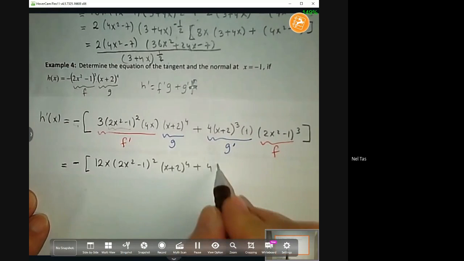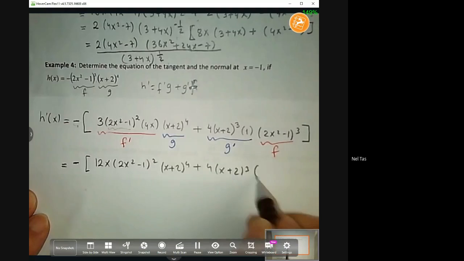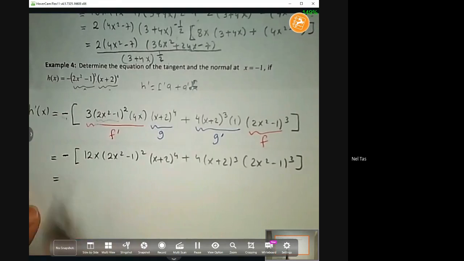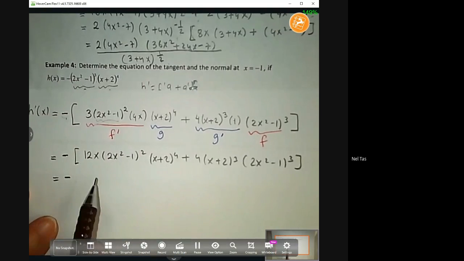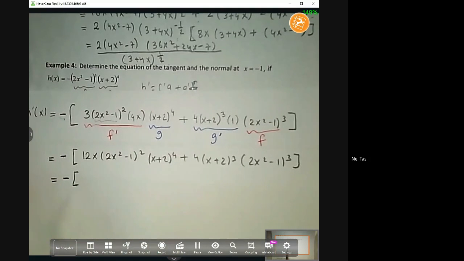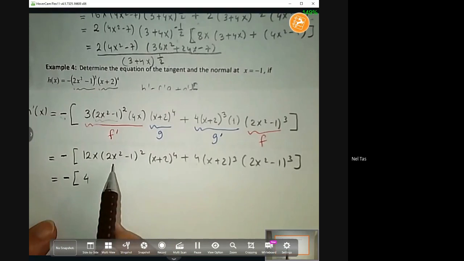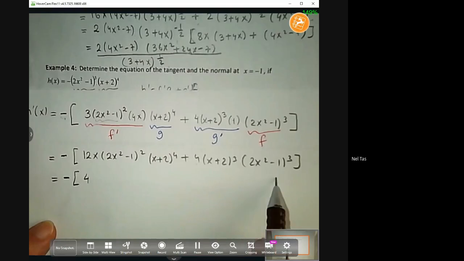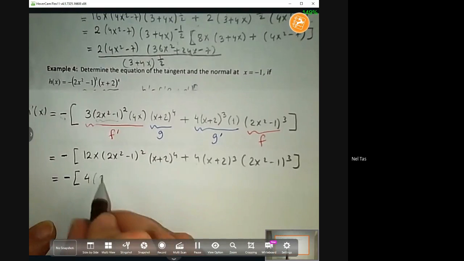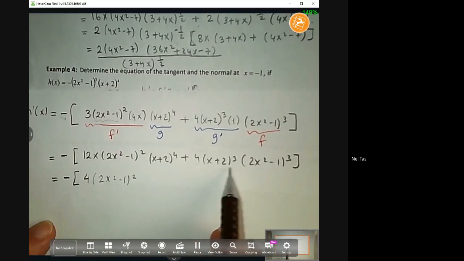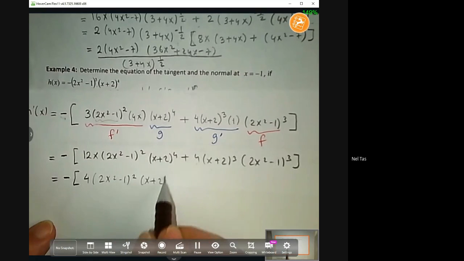And here we have negative 4, x plus 2 cubed, 2x squared minus 1 cubed. Now let's check for the common factors. 12x and 4, 4 is a common factor. 2x squared minus 1 squared, x plus 2 to the power of 3.